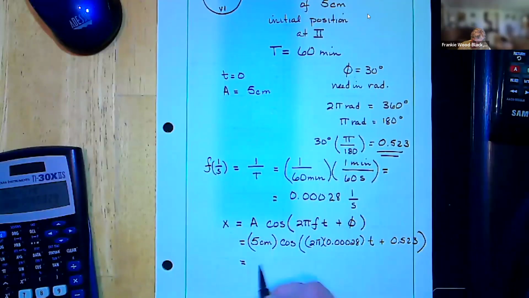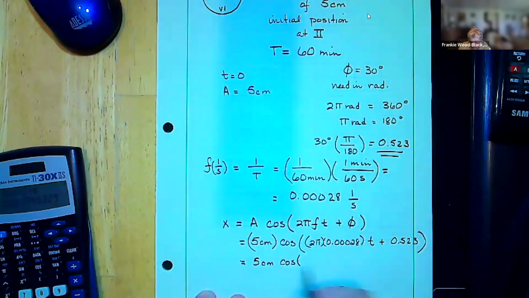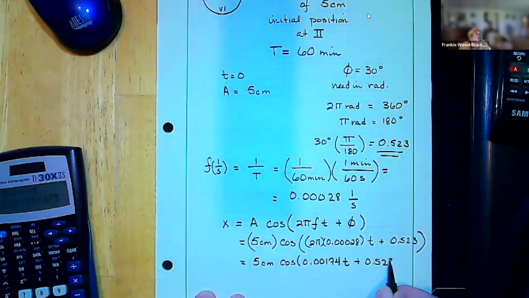So now I've got that written out. So I got 5 centimeters cosine 0.00174t plus 0.523 is my position equation.